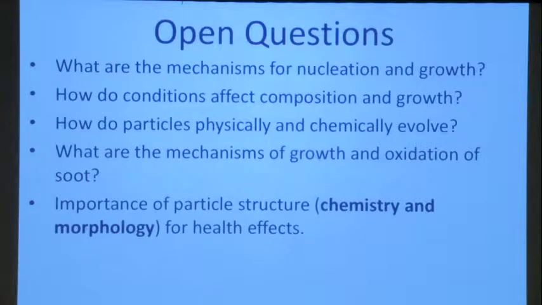So chemistry will drive at high temperature if you have a lot of radicals. If you have a lower temperature and a lot of PAHs, for example, they will cluster, as I showed you yesterday. How can the conditions in the flame affect this growth? How do the particles physically and chemically evolve?